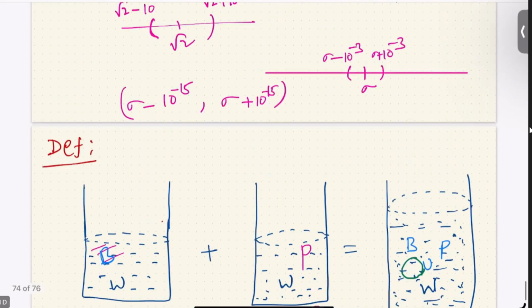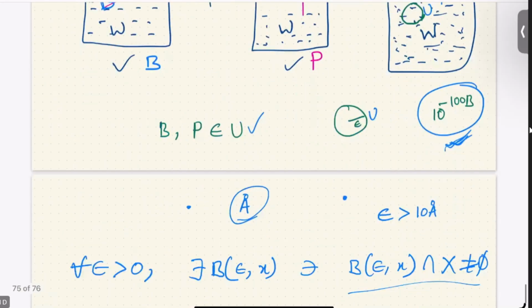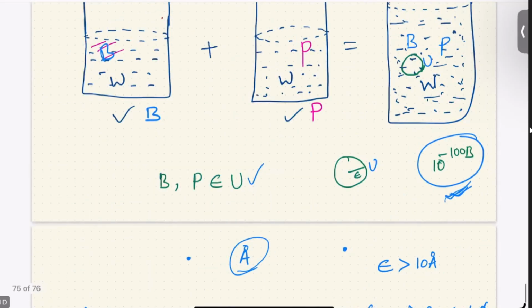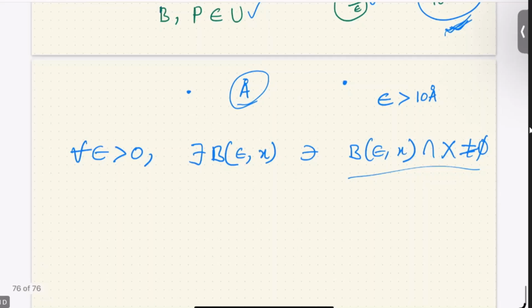The same thing I have written here. The same U intersection, I wrote U here because I did not define any size. I just mentioned U is an open set, but here the open set is nothing but an open ball. That is the open ball intersection. In that entire ball you always find an atom, but here with epsilon greater than zero, I can't enjoy epsilon arbitrarily close to zero.